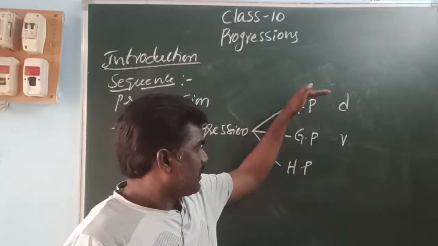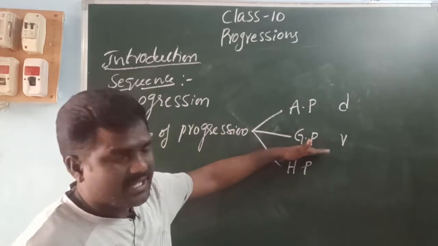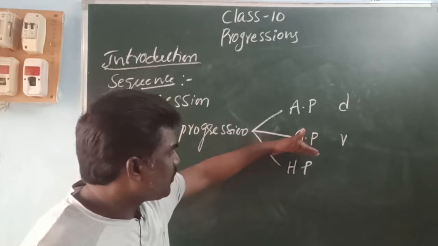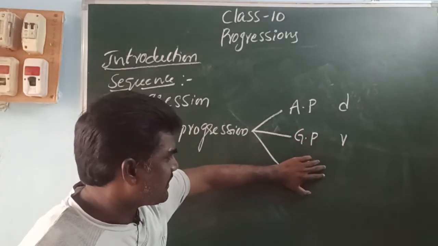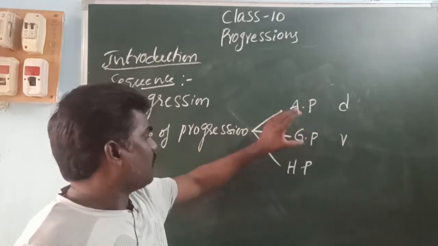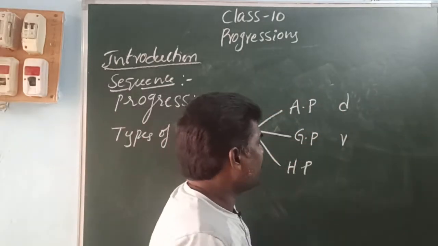So in the 10th class we get arithmetic progression and geometric progression. In higher classes we get harmonic progression, which is nothing but the reverse of arithmetic progression. So here, in arithmetic progression, what is the common difference formula?